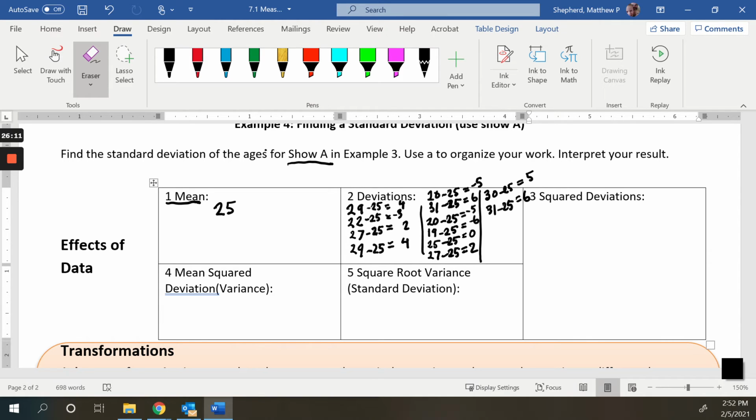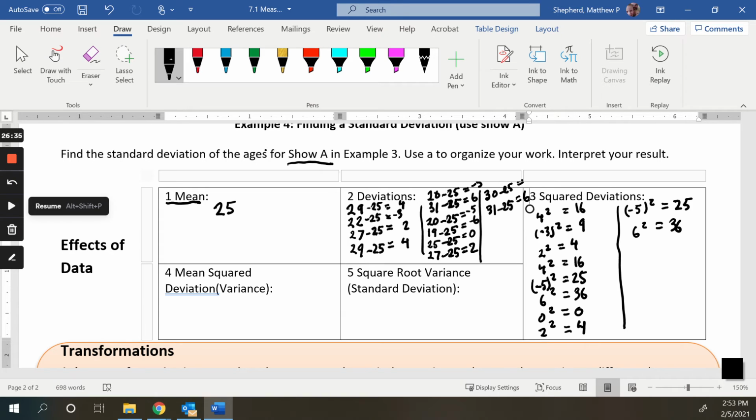If you try to do that, though, the mixture of positives and negatives is going to give us a 0. So what we're going to do now is square all of our deviations. So we would have 4 squared, -3 squared, 2 squared.